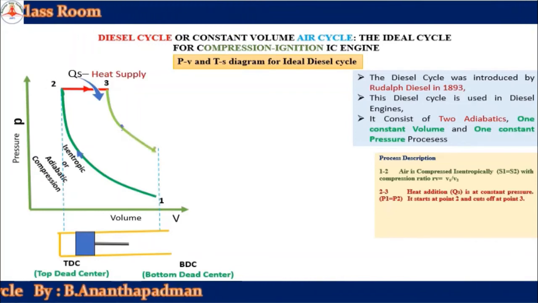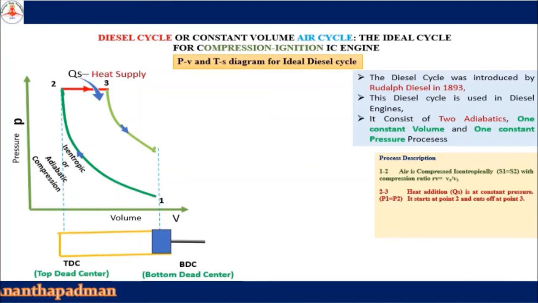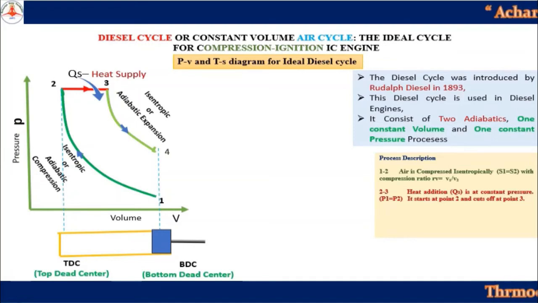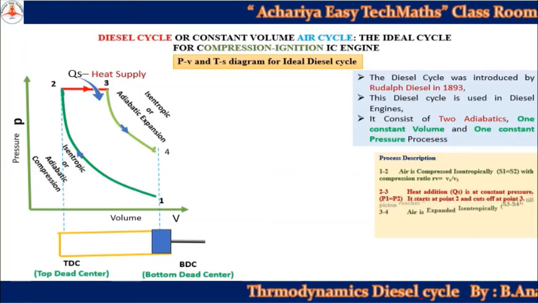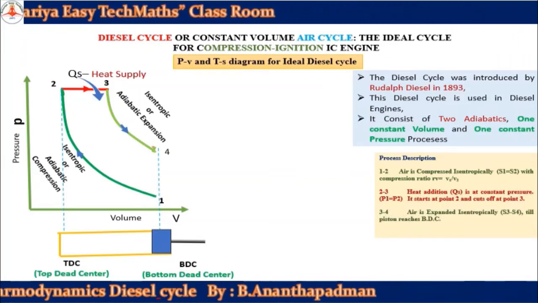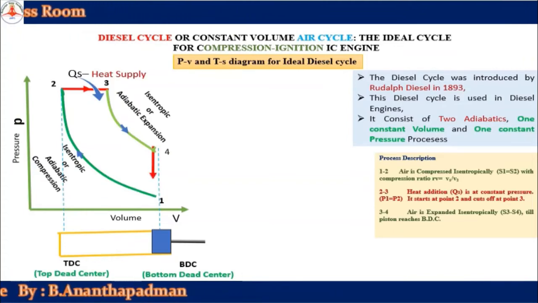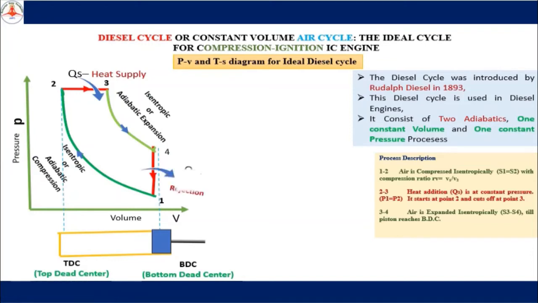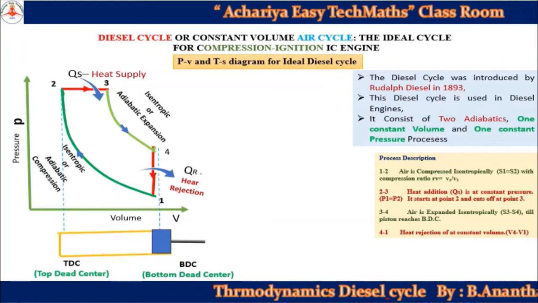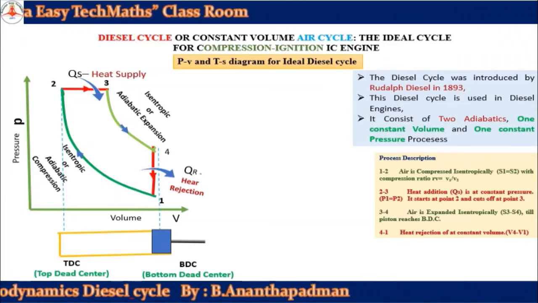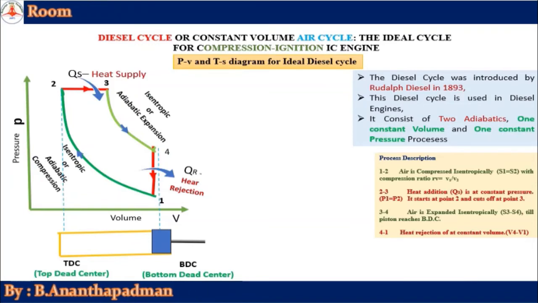The 3 to 4 process is isentropic or adiabatic expansion, and the 4 to 1 process is constant volume heat rejection. Here volume is constant, that is V4 is equal to V1.